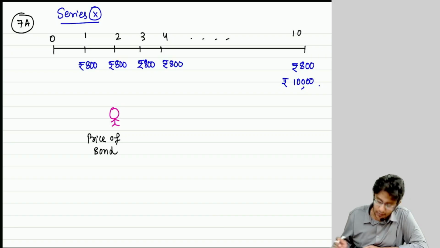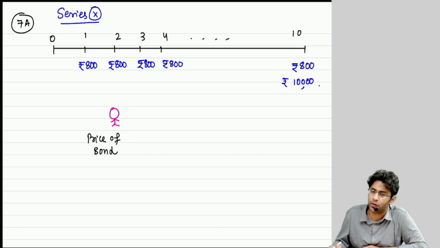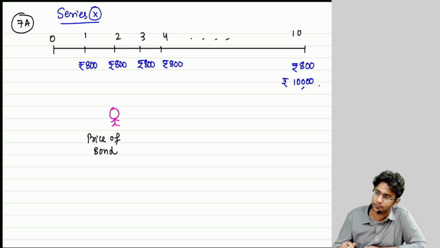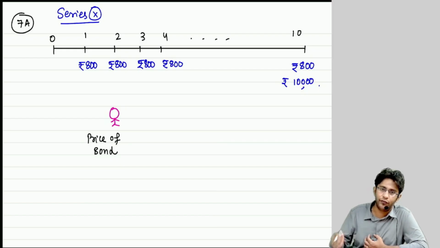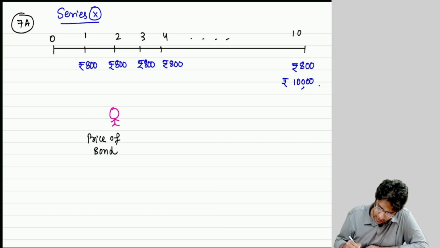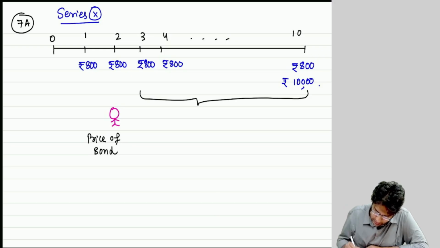Price of the bond on any date is the present value of future cash inflows. You are standing at the end of second year now, so third year onwards is future cash flow, not past cash flows. What is already received, why will anybody pay money for that? Future receivables you can invest in today. So which cash flows have to be discounted? From third year to 10th year cash flows.